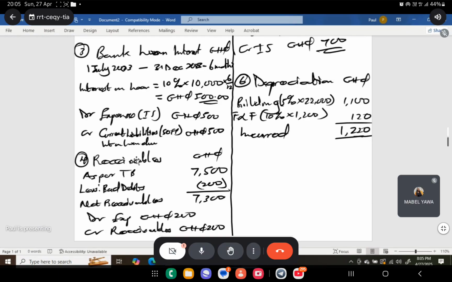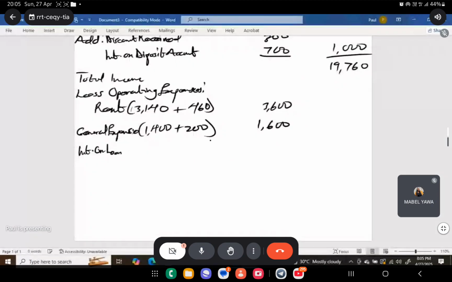But we've not paid it because in the trial balance there's no interest. So as per trial balance, it is zero because we've not paid it. But the interest incurred is 500. So we have to pay all the 500.